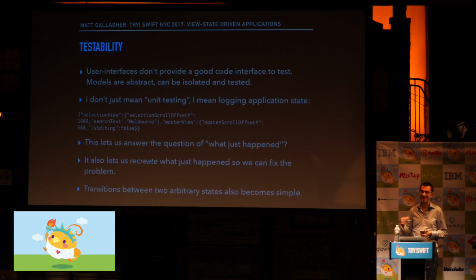If you wanted to actually test that yourself, you'd have to be crazy fast with it. And it's almost impossible to get Apple's UI testing approach to handle it either, because it's a bit sluggish at times. Yet, if you're just driving the whole interface with these little set JSON on the view state calls, you can just go there instantly. There's no difficulty about it. You can perfectly replicate these problems every time.